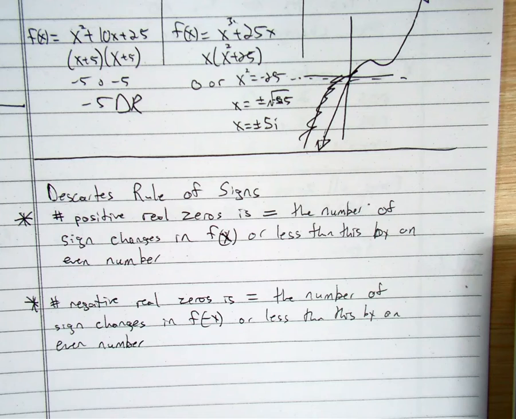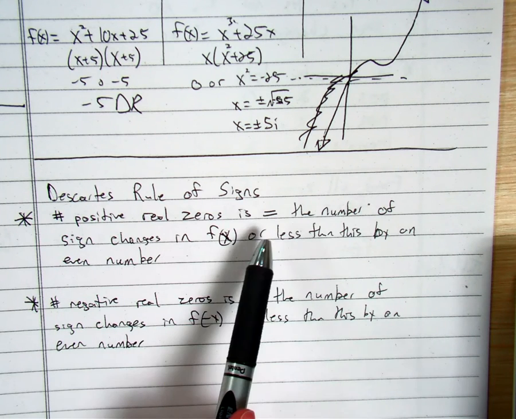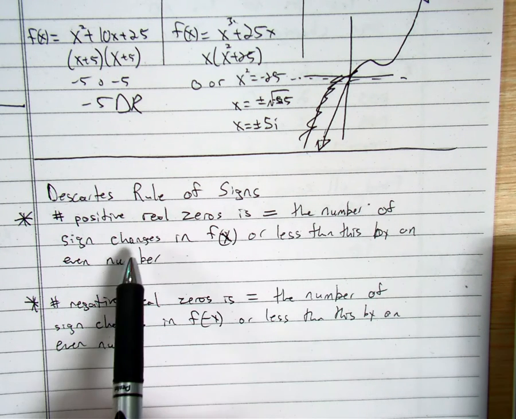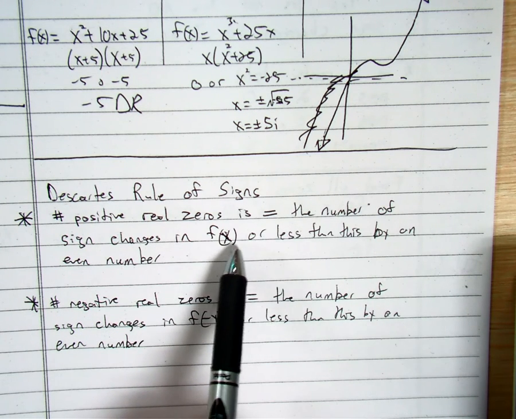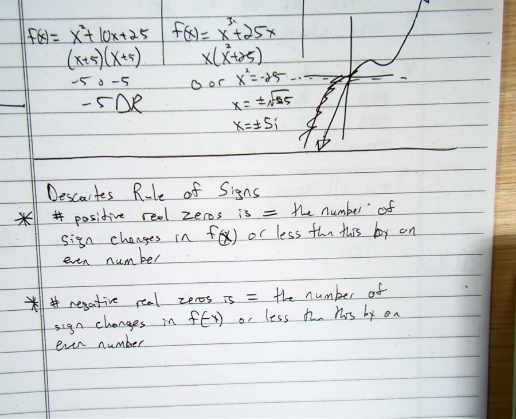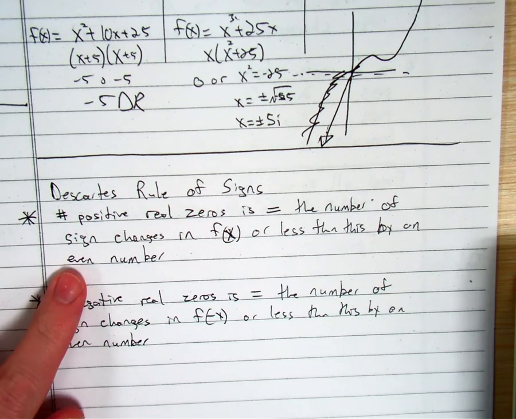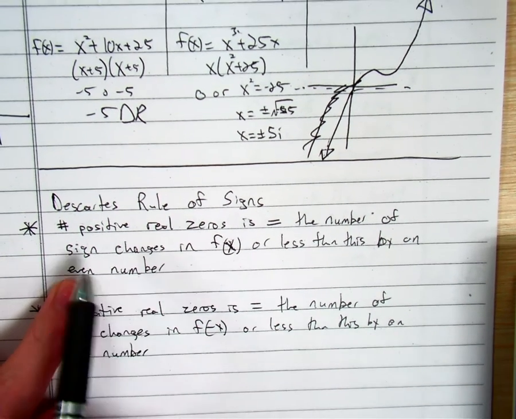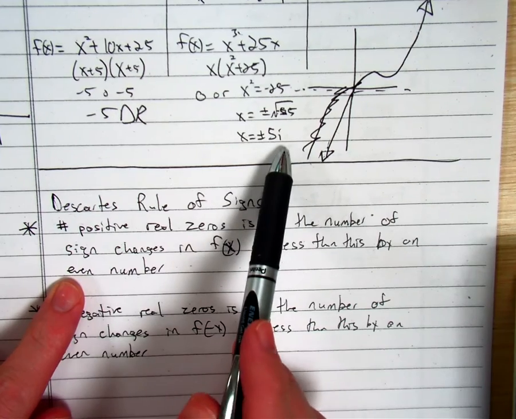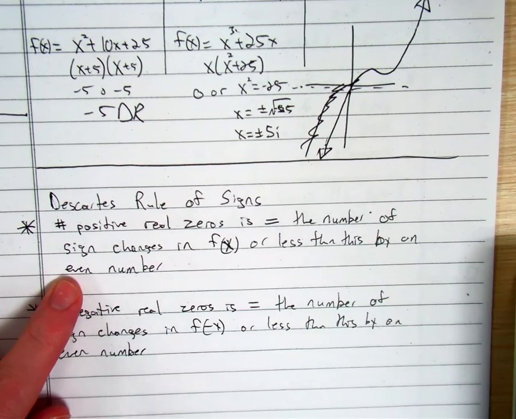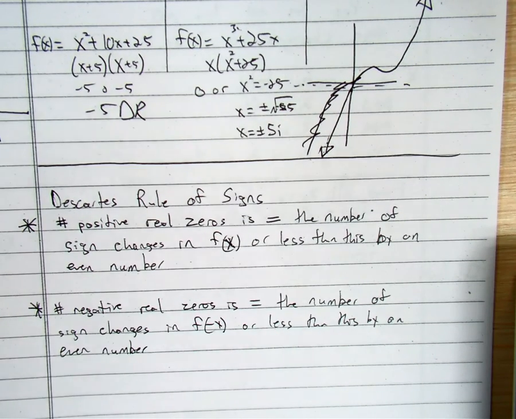Okay? The number of positive real zeros in a function is equal to the number of sign changes in f of x, or less than that, or smaller than that, by an even number. Why less than that by an even number? Because imaginary numbers happen in pairs, always a plus minus. Okay? So that's why they would always decrease by 2s, or even numbers.